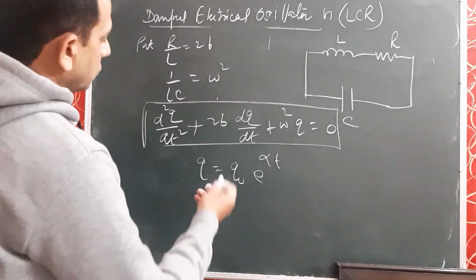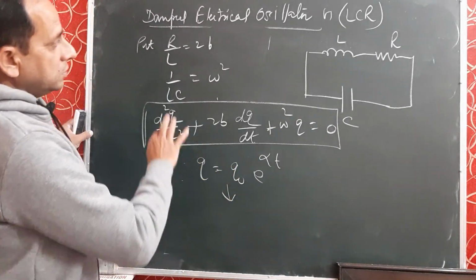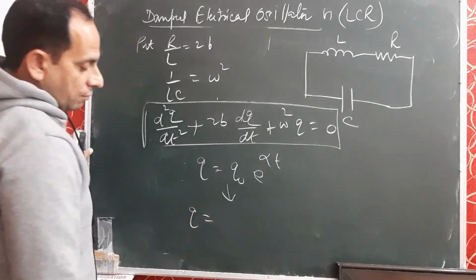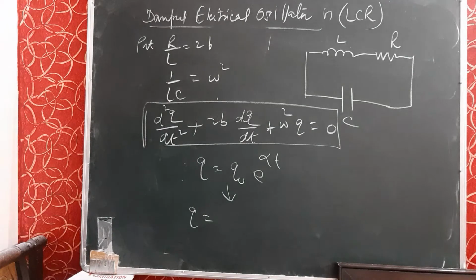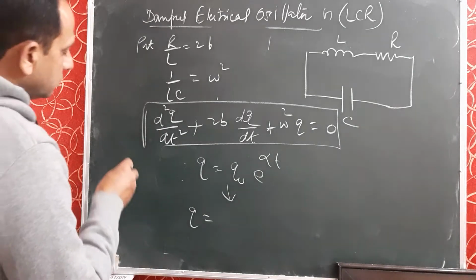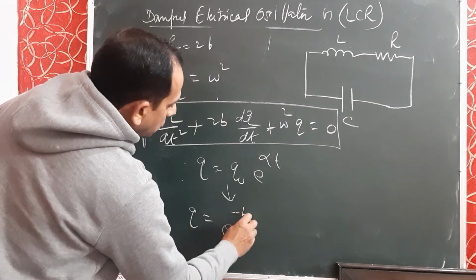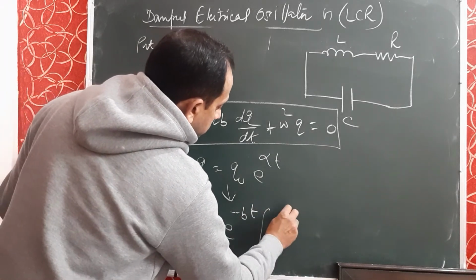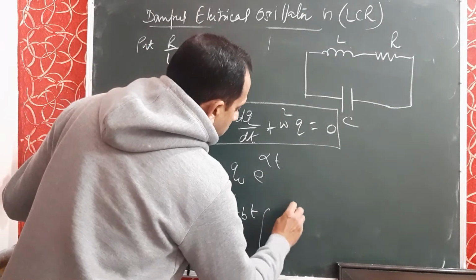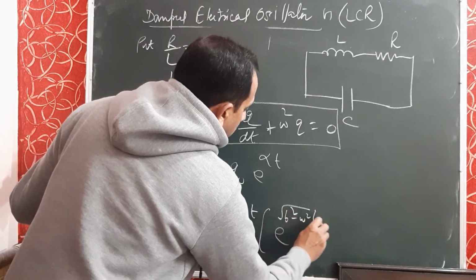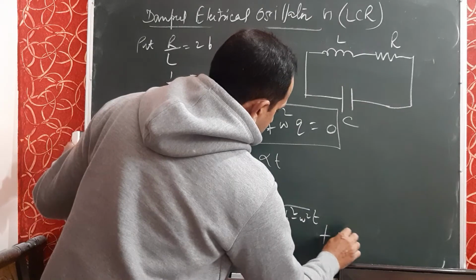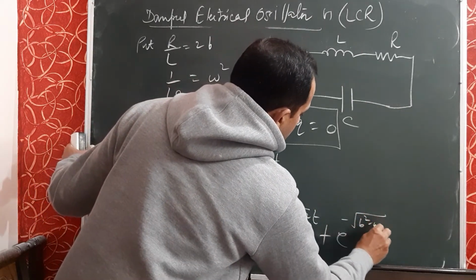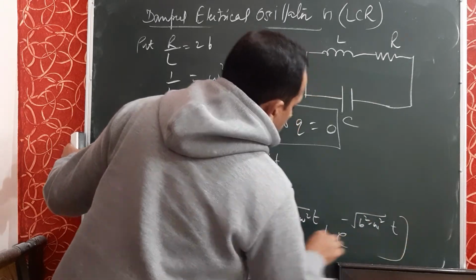You can solve it yourself, and the resultant equation is e raised to power minus bt into e raised to power under root b square minus omega square into t, plus e raised to power minus under root b square minus omega square into t.